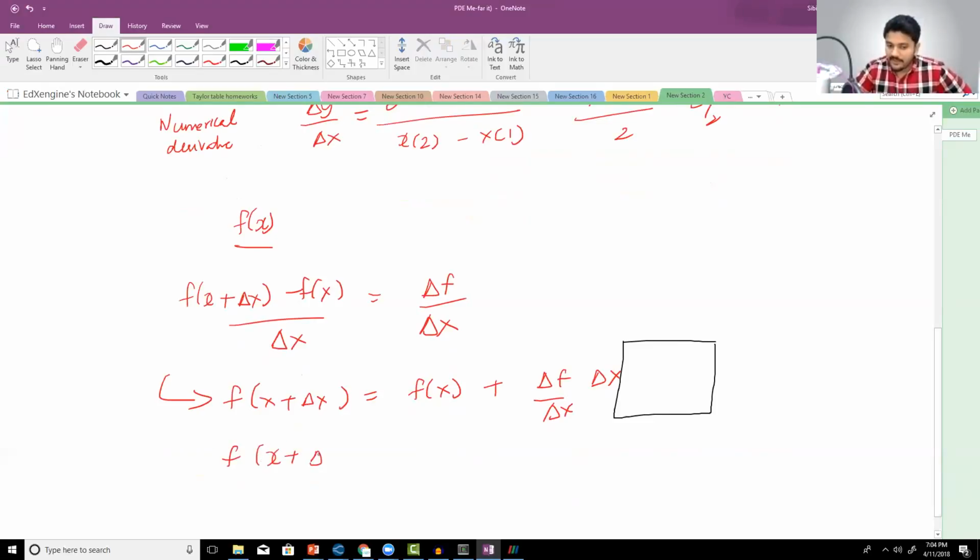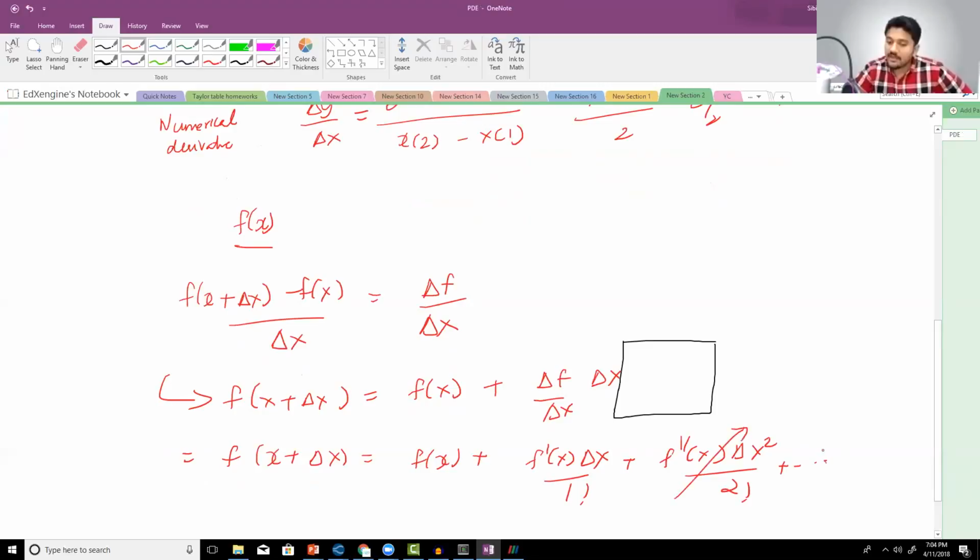F of x plus delta x is equal to f of x plus f dash of x delta x by 1 factorial plus f double dash of x delta x squared by 2 factorial and so on, correct? So this is the Taylor series. It's an infinite series. After your second term, you just ignore everything. That is how the approximation of slope is considered, and this is what you call the first order approximation.